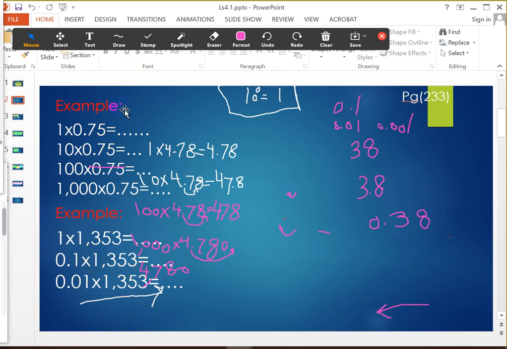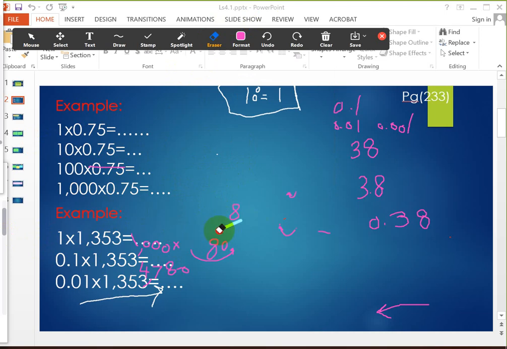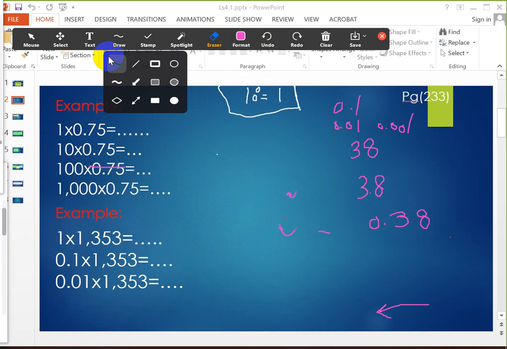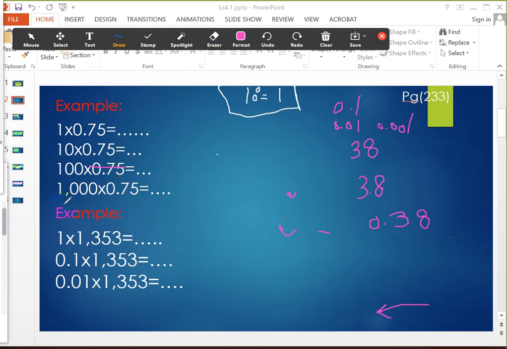Okay. So when we want to multiply powers of 10 with a decimal number, this is a subtle law. You have to save it, that you have to move the decimal point number of digits equals number of zeros into the left, or into the right side. I will set as an example, when I multiply 100 with 0.75, I have to move the decimal point 2 digits. That's mean from here to here. So the number will be 75.